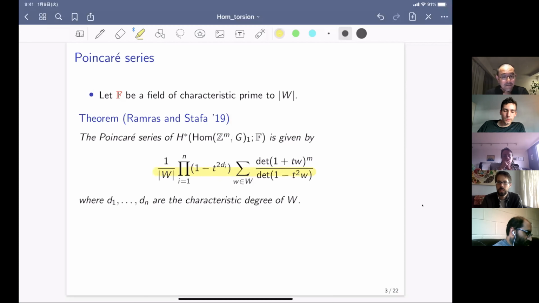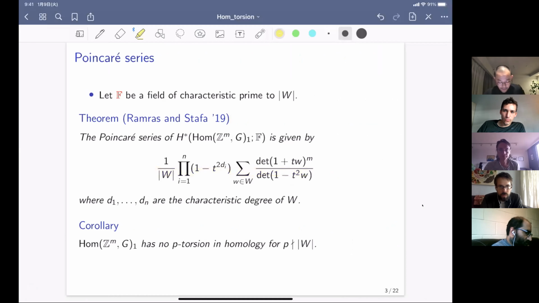So this implies that Hom(Z^m, G)_1 has no p-torsion in homology if p does not divide the order of the Weyl group, because the mod p homology has the same Poincaré series as the rational homology if p does not divide the order of the Weyl group.